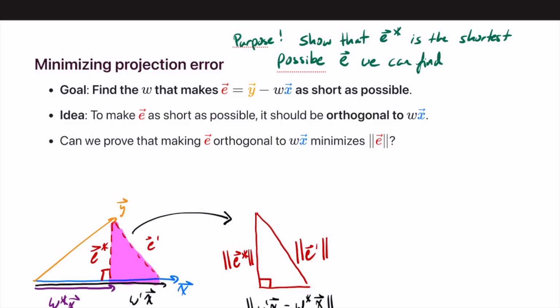And you can set this up to work whether it's here or whether you just flip this over and we use, let's say, this triangle instead. So this is symmetric. It works either way because we have a right angle triangle. So we want to make use of the Pythagorean theorem to try and see why E star will always be shorter than E prime, no matter what.